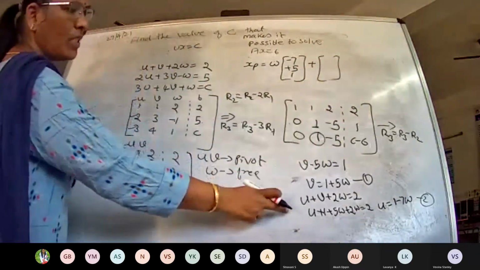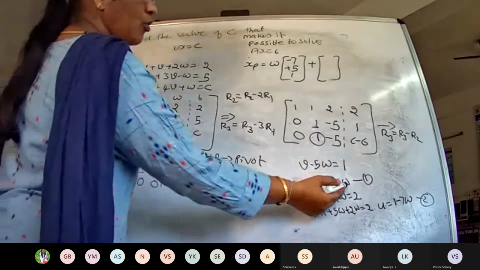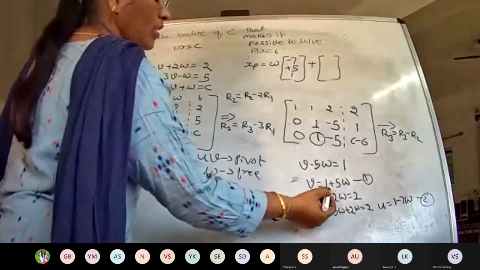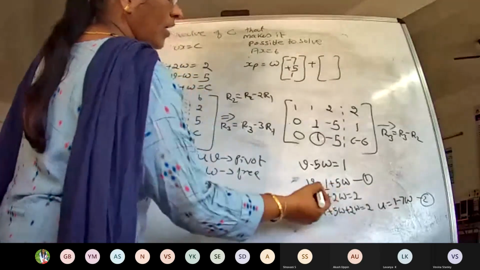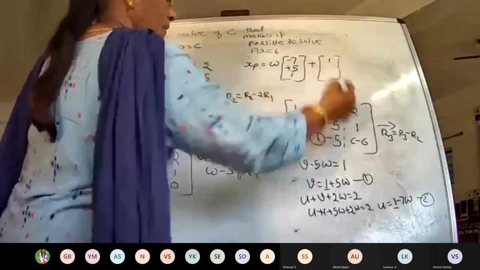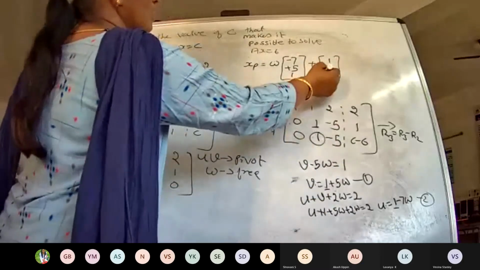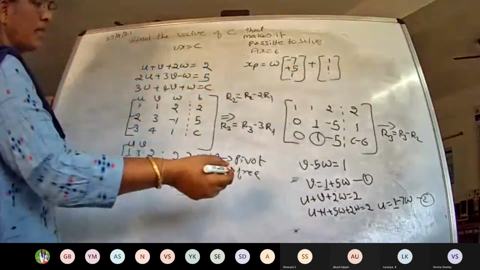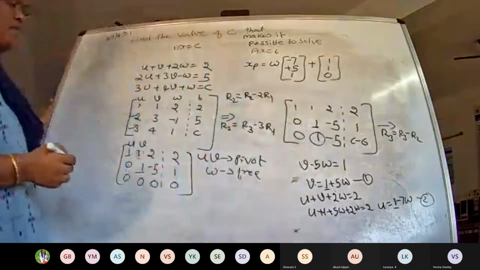Null solution, when you substitute in this equation, free variables equal to 0. So if I substitute W equals 0, free variable value equals 0, what are the constants? I am getting this 1 and this 1. In V, it is 1. In U also it is 1. So the remaining is U, V, W.